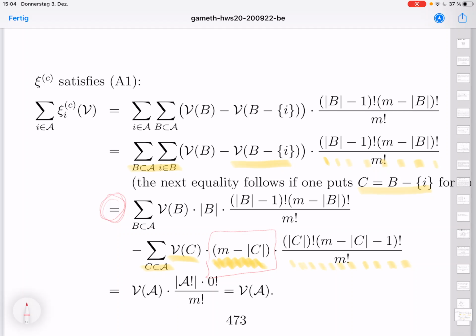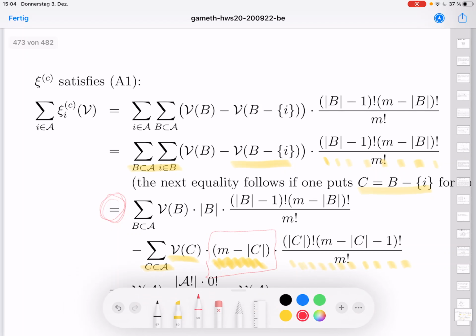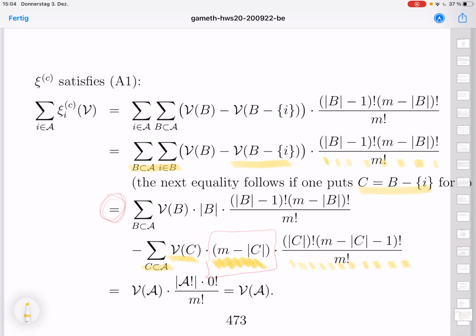Therefore in the difference, this summand precisely survives, and then we come to this summand here, and this is exactly v of a. So this was surprisingly difficult. I had to be very careful and creative in taking care of the summations here, but it works at the end of the day.